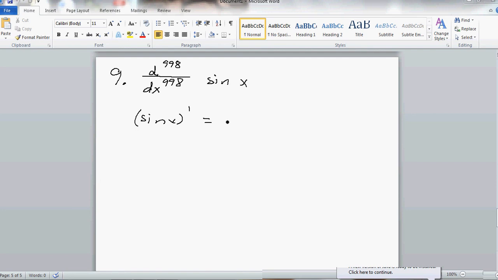That becomes cosine of x. The second derivative of sine becomes negative sine of x. The third derivative of sine is negative cosine of x.